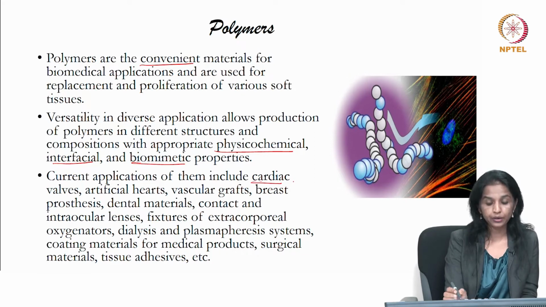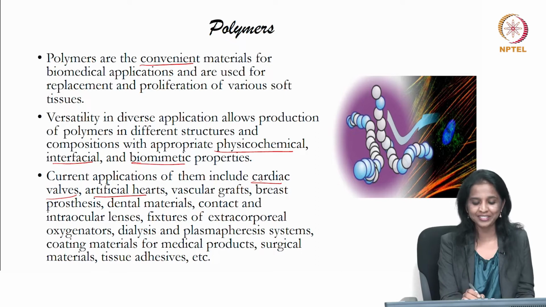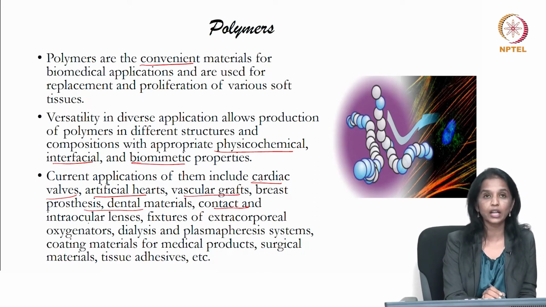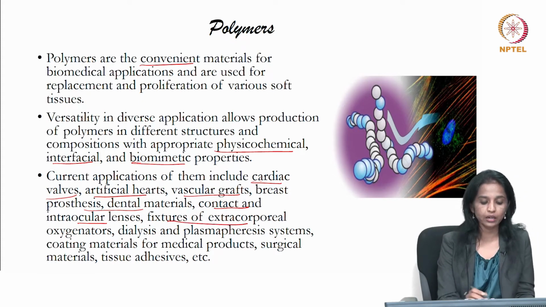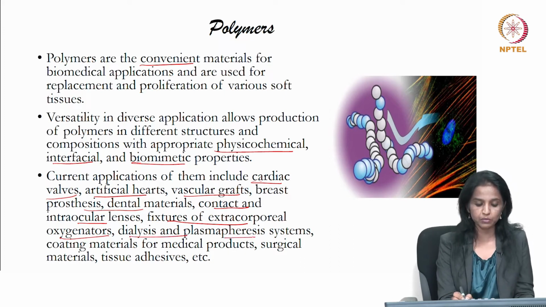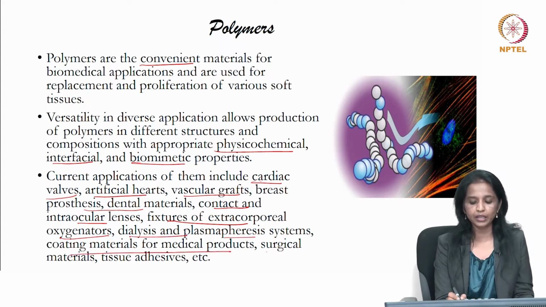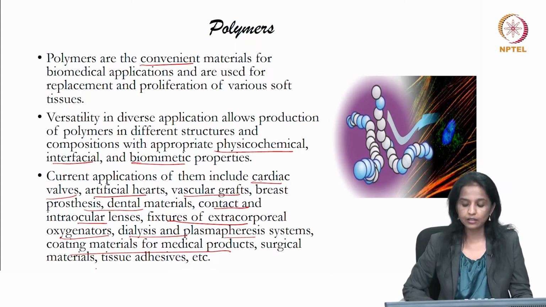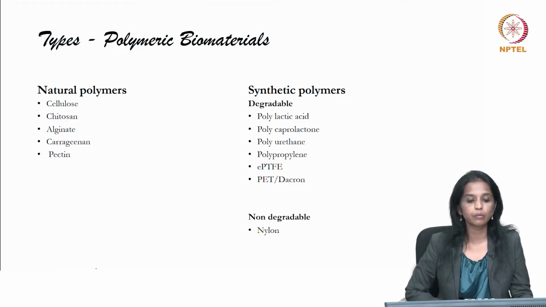So, they can be used for making cardiac valves, artificial hearts, vascular grafts, breast prosthesis, dental materials, contact and intraocular lenses, fixtures of extracorporeal oxygenators, dialysis and plasmapheresis systems, coating materials for medical products, surgical materials and tissue adhesives. So, these are very important about polymer biomaterials or polymeric biomaterials.